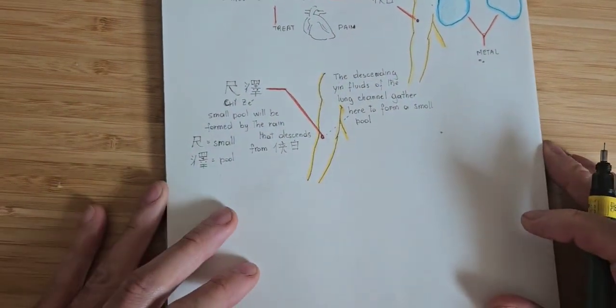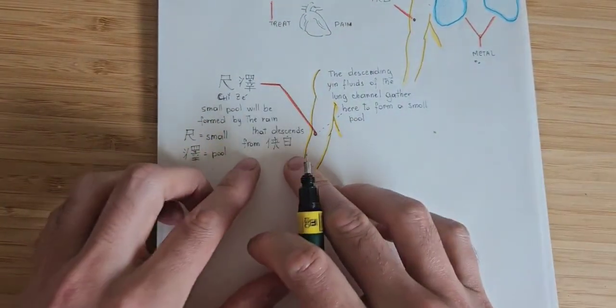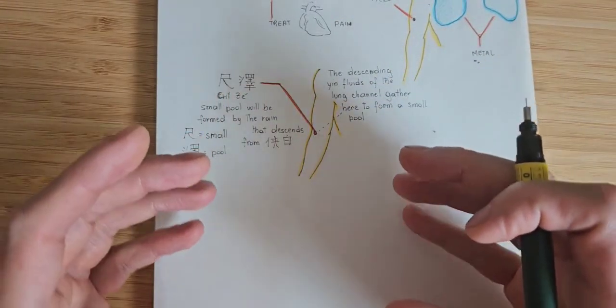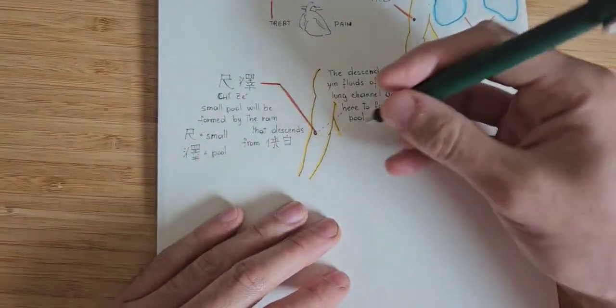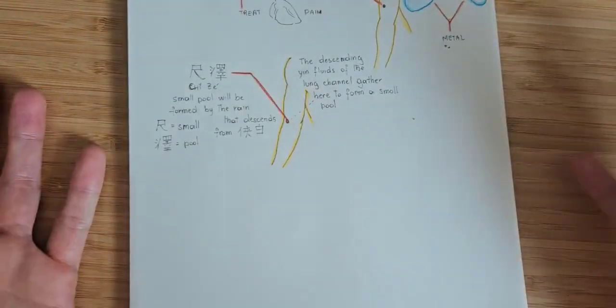Okay, now you might ask yourself, why does the rain from Shabai only form a small pool instead of a large one?